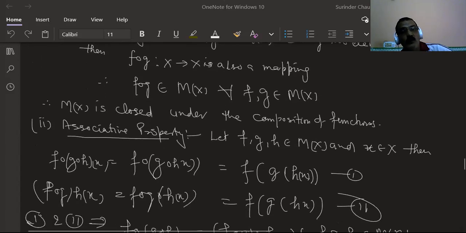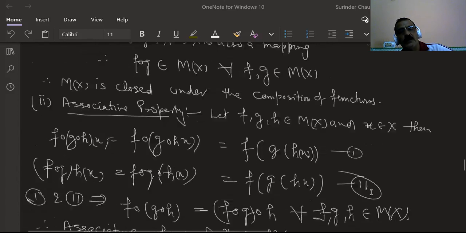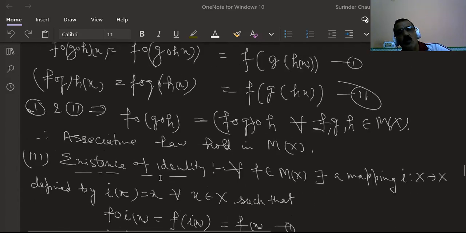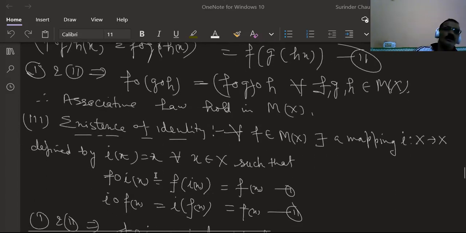Similarly, the second expression is equal to f of g of h of x. First and second imply that f of (g of h) is equal to (f of g) of h for all f, g, h belongs to Mx. The associative law holds in the set of elements.